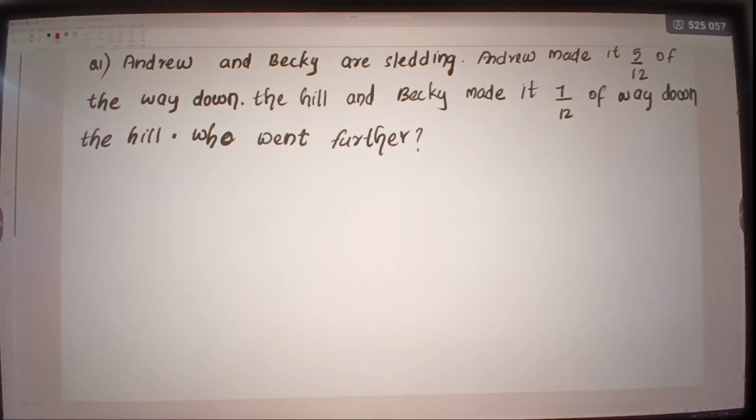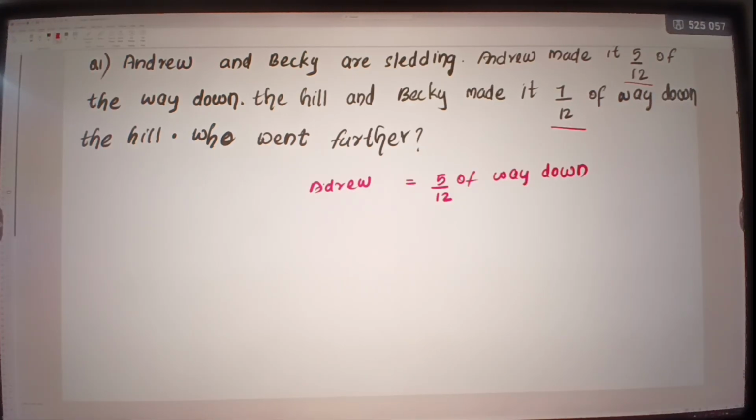Okay, so this is a word problem. It is given that Andrew and Becky were climbing. Andrew made it 5/12 of the way down. Becky made it 7/12 of the way down. You are asked to figure out who went further. For that, what is the fraction of Andrew? Andrew is 5/12 of the way down.